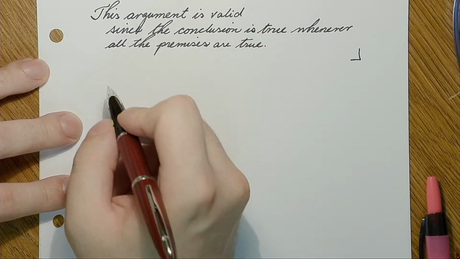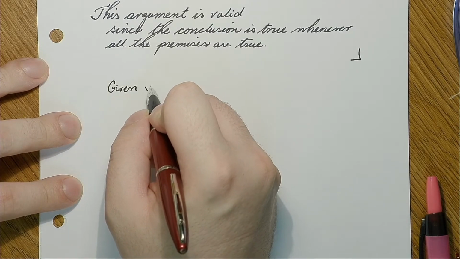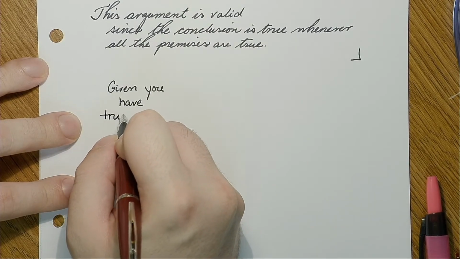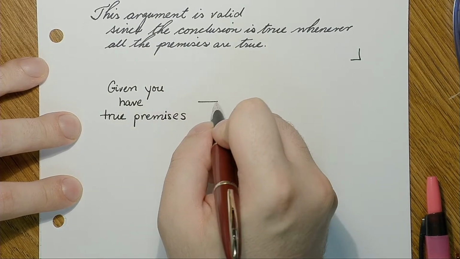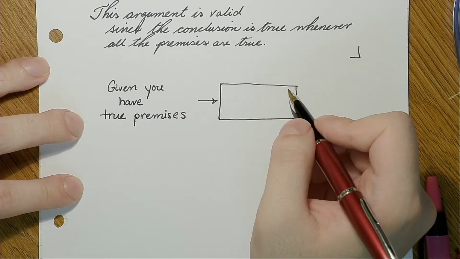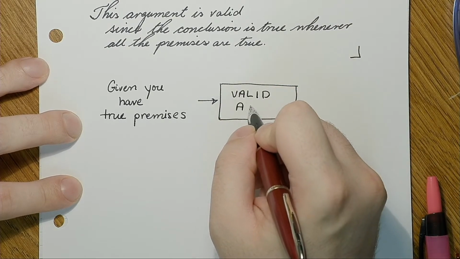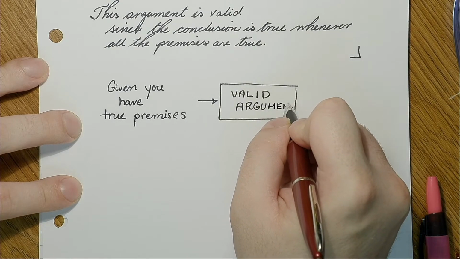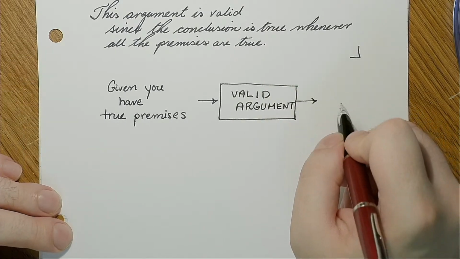Given you have true premises and you pass them into, let's call this a box here, a valid argument, this valid argument will generate conclusions that are true.